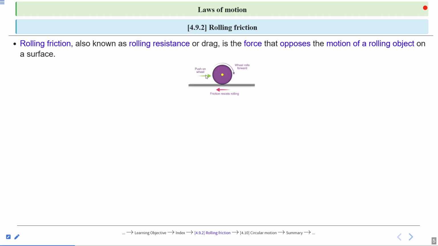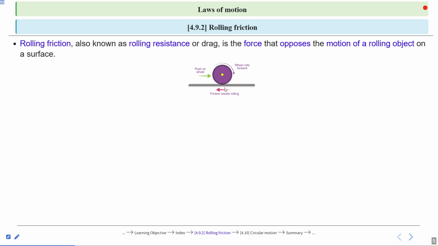It means when any object like a wheel rolls in the forward direction as shown in this figure, the friction acts opposite to the motion of the wheel. Here the motion of the wheel is clockwise and the friction acts in the opposite direction of the motion.